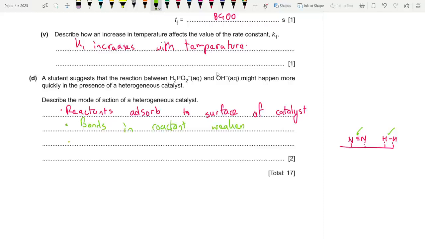So, what happens afterwards? The reaction occurs, products are made, right? And the products finally, what do they do? They are the opposite of adsorbed, desorbed, and they are desorbed. Okay, that's that.